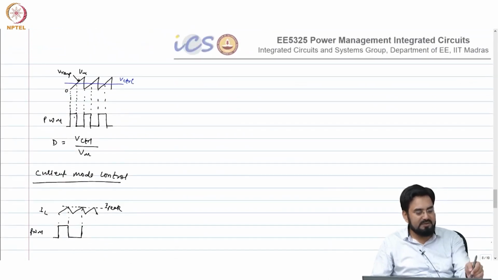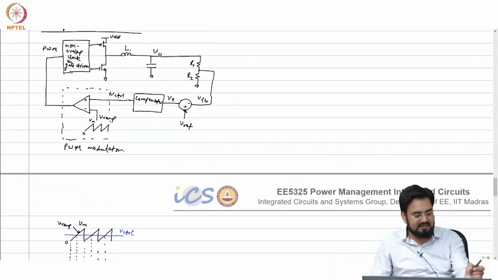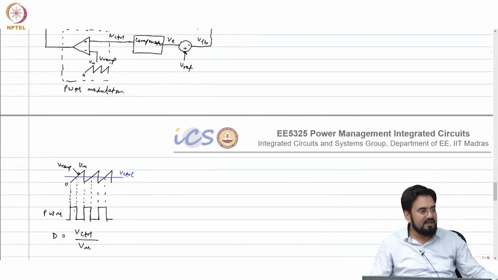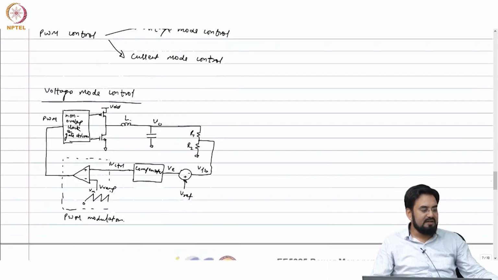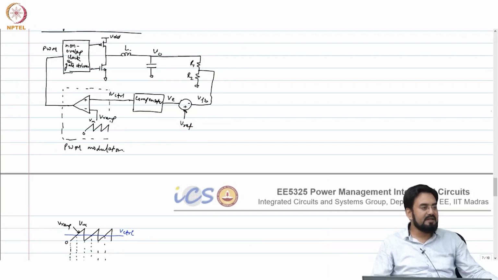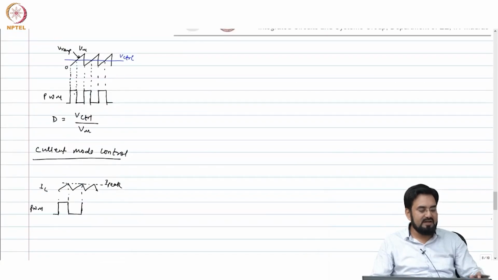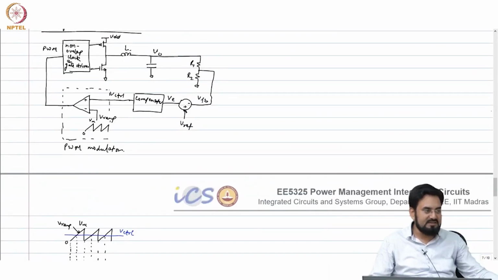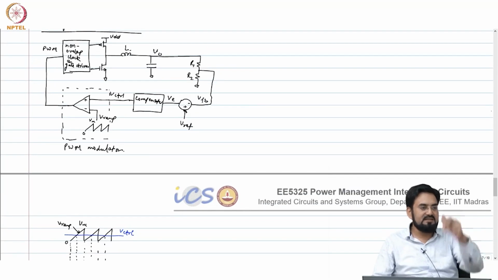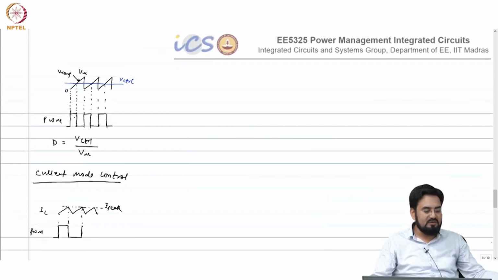Here you keep setting and resetting the duty cycle. It will go to 1 as soon as you set, and when the current reaches some peak, you reset it. There is no sawtooth in the case of current mode, because that ramp is basically the current itself, because the inductor current is in the shape of a ramp, okay. So, you do not require any sawtooth here.